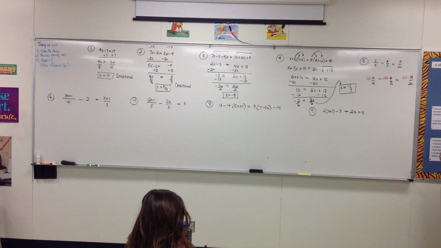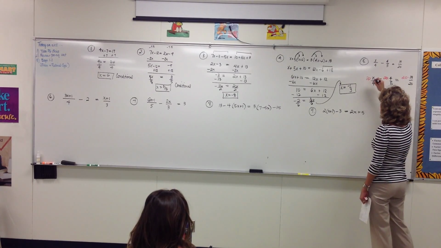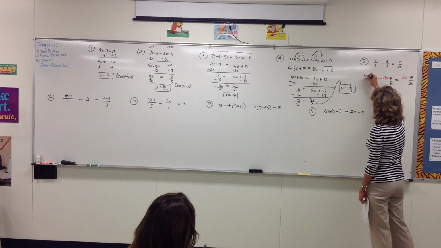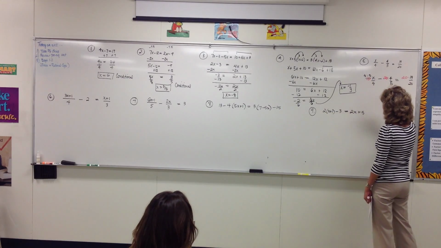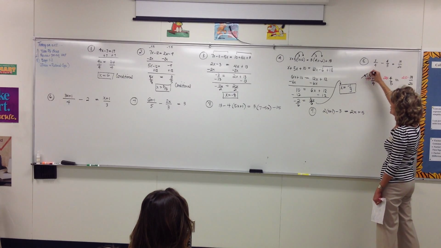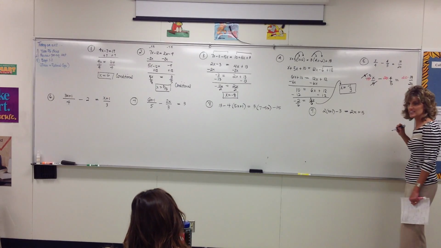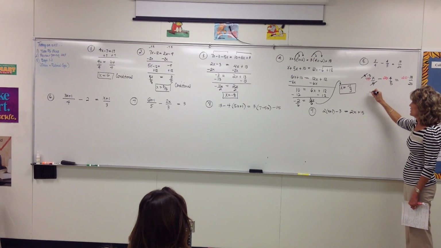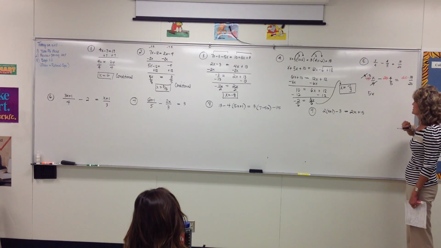When you multiply every term by the least common denominator, 20, then instead of 20, I'm going to think of this as being 4 times 5. And that helped me because I have a 4 on top and a 4 on bottom that cancel out and just leave me with 5x.